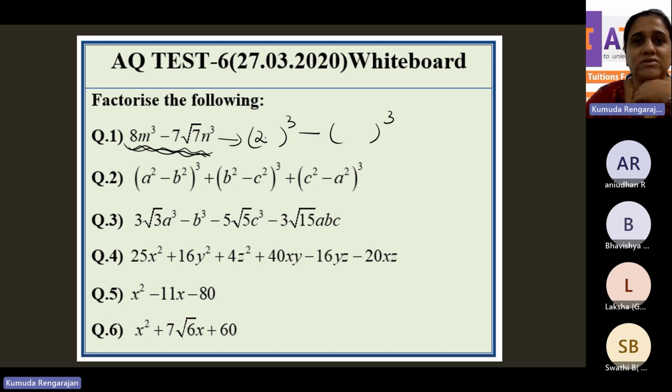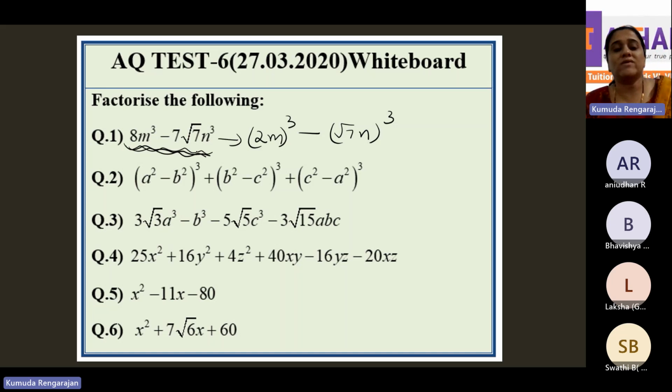So 2 cubed is 8 and m cubed. Root 7 cubed is 7 root 7, because root 7 into root 7 is 7 and 7 into root 7 is 7 root 7. And n here.